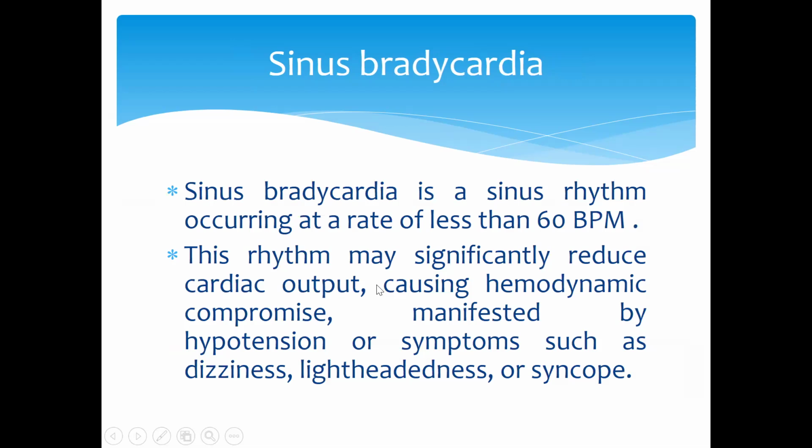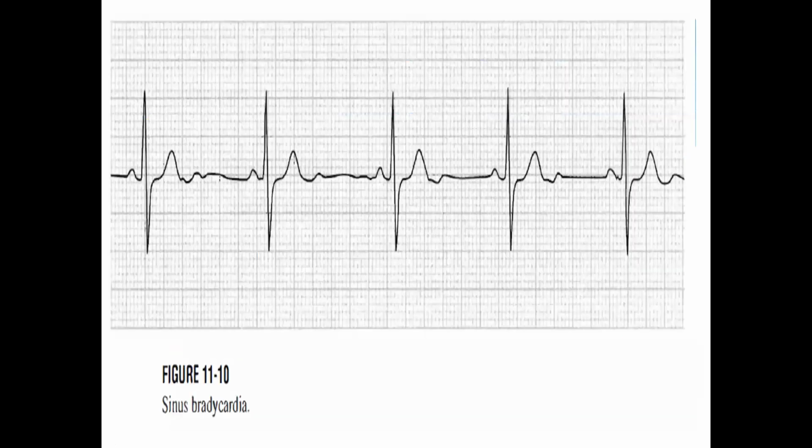Sinus bradycardia is a sinus rhythm occurring at a rate less than 60 beats per minute. This rhythm may significantly reduce the cardiac output, causing hemodynamic compromise manifested by hypotension or symptoms such as dizziness, lightheadedness, or syncope. So again, use the 6-second strip method.